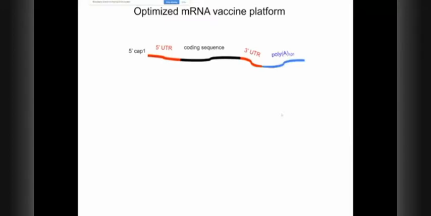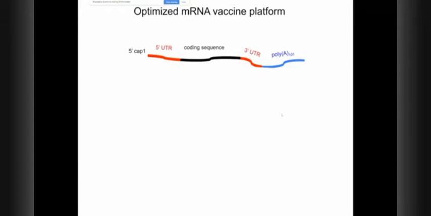The plasmid also encodes a 101 nucleotide long optimized poly-A tail that further stabilizes the RNA. Once we perform the in vitro transcription reaction with the four building blocks of the RNA, the RNA polymerase and the linearized plasmid DNA template, we add the 5' cap structure to the RNA that further stabilizes it, and it's also critical for a high level of translation.